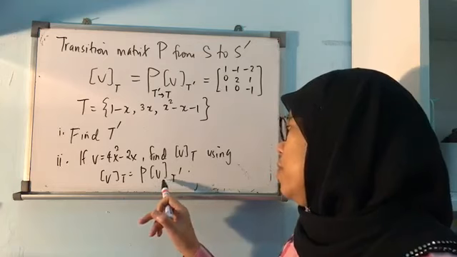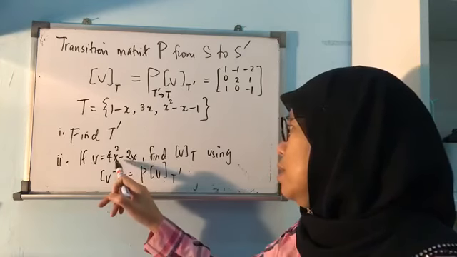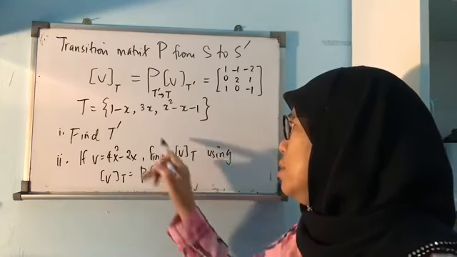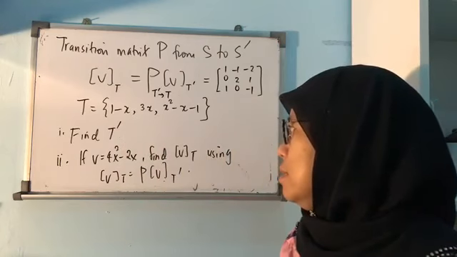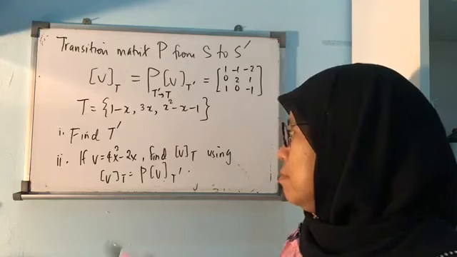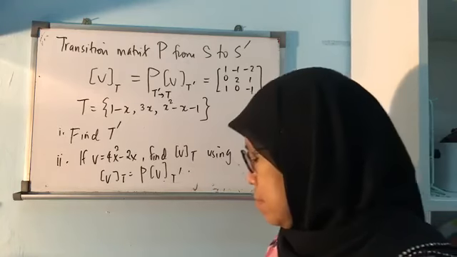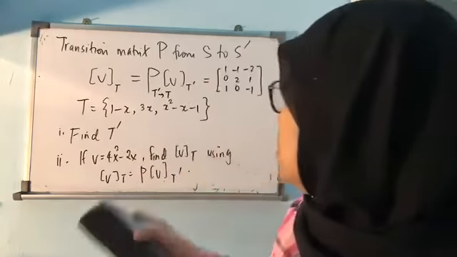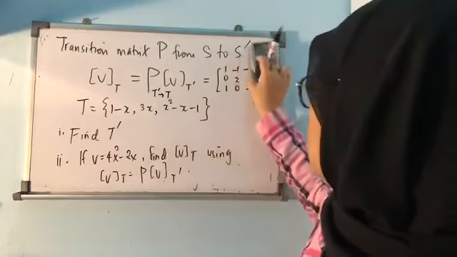You just have to find the coordinate matrix of V relative to T prime, right? So you have to find V T prime. You try for part 1, I will show you part 2.